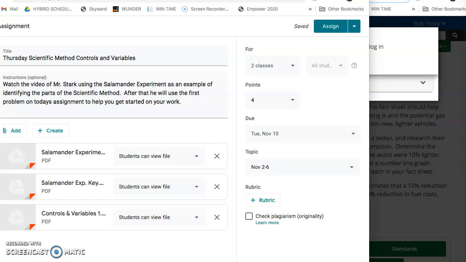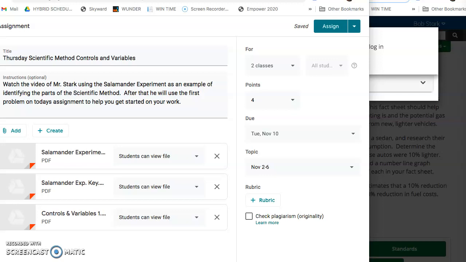We will be looking at the problem, identifying the problem that's trying to be solved, the hypothesis or the educated guess as to what you think the answer is. We'll look at the experiment, we'll look at the data and analyze the data, and then we'll draw a conclusion, whether the experiment worked or not. And then finally, we'll look at controls and variables.